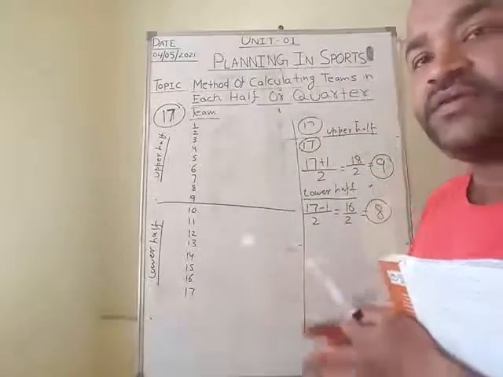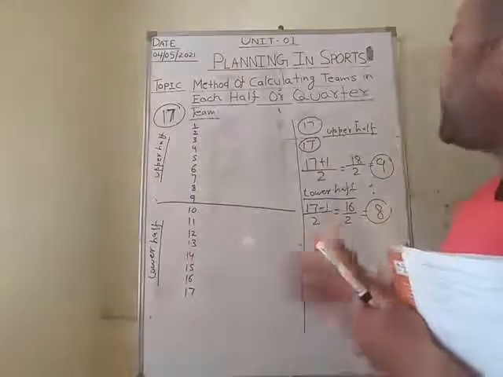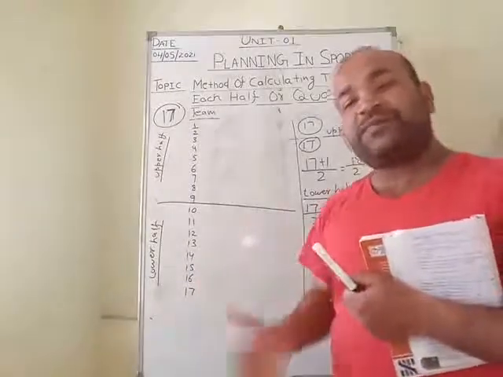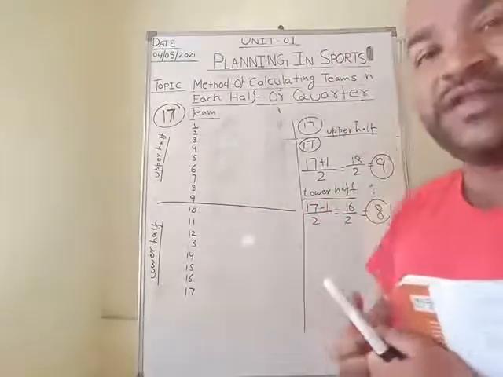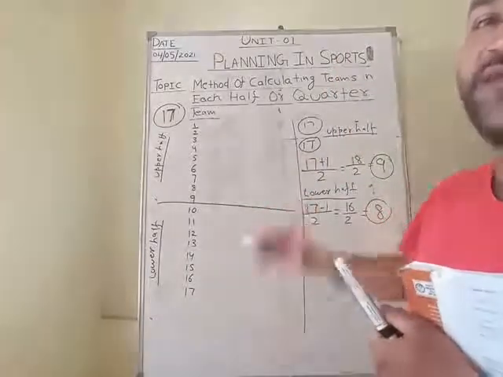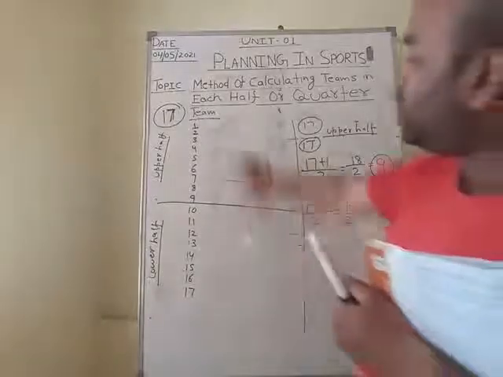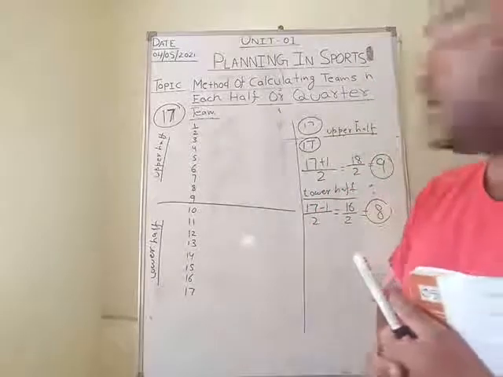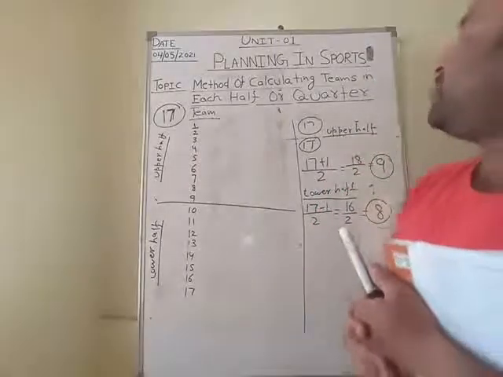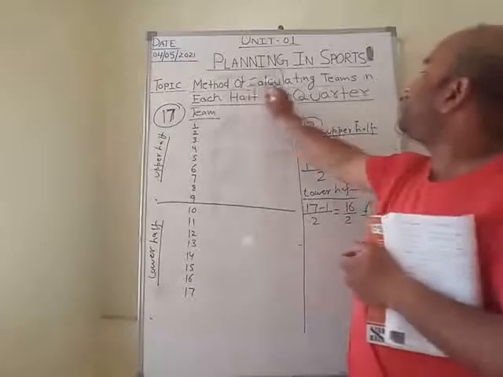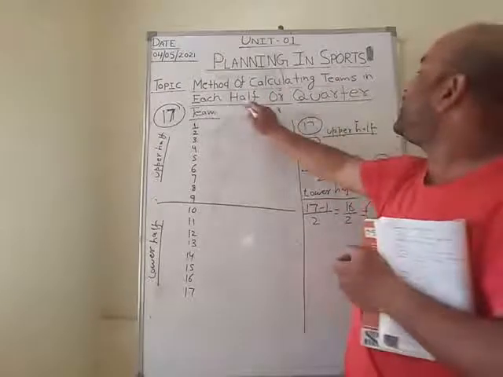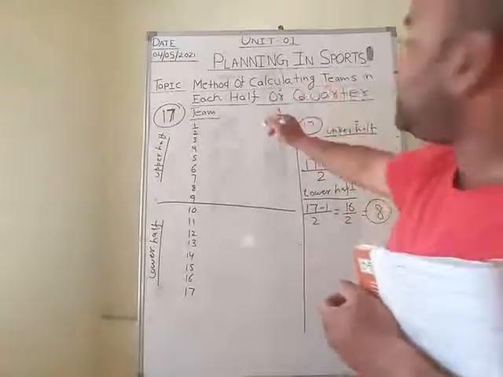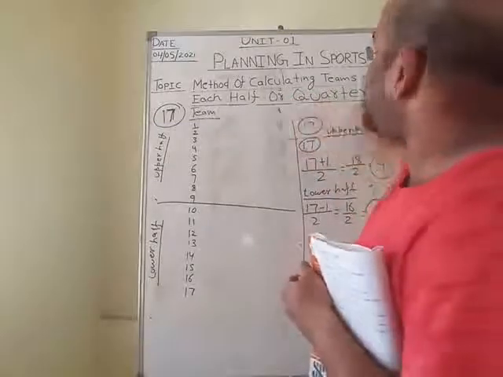This is an example related to 17 teams, 11 teams, 13 teams. और ऐसे ही जो हम नंबर आएंगे जिनको हम 2 के फैक्टर्स इजीली नहीं होते हैं, उसको हम इस तरीके से अपर हाफ और लोअर हाफ में डिवाइड करते हैं. ठीक है, ऊपर कितनी टीम्स आएंगी, नीचे कितनी टीम्स आएंगी. So there is no problem. Okay, the topic is the method of calculating teams in each half, and after that I will teach related to the quarters.